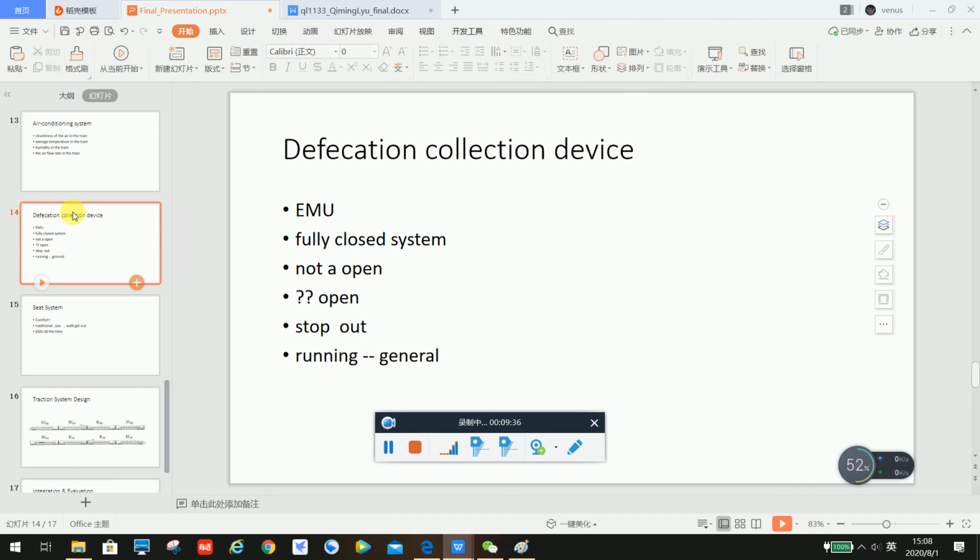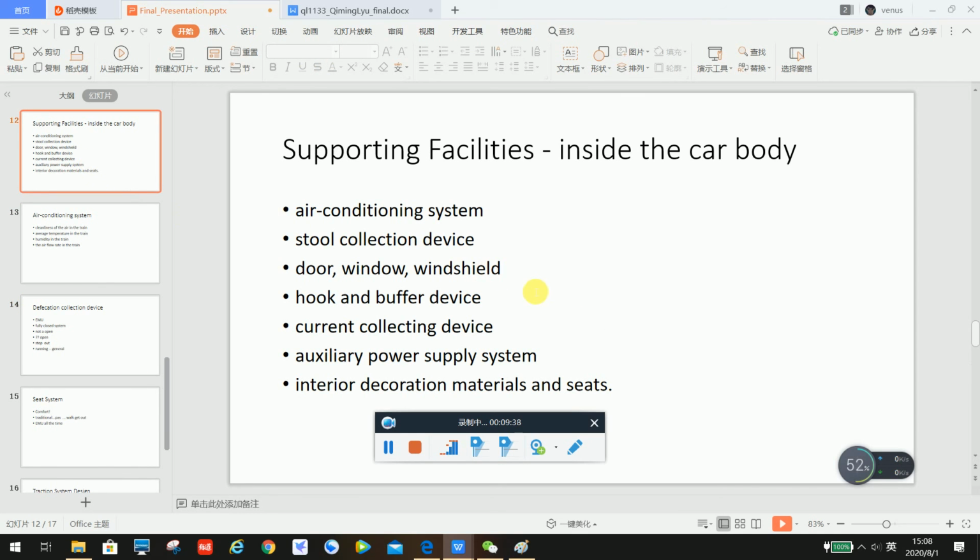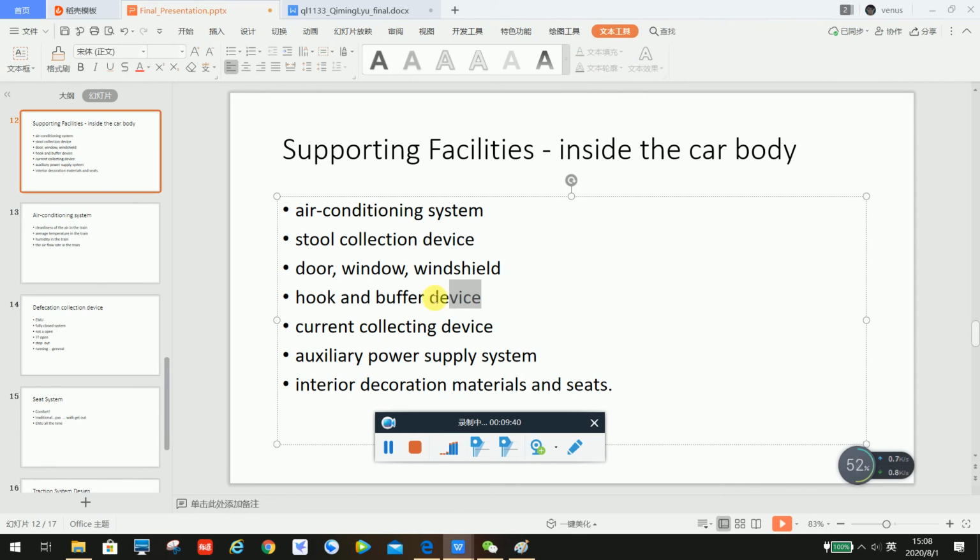After we talk about the supporting facilities, they are all totally different from the traditional trains, not only for the speed but also for a higher standard for the feeling, for comfort, and so on.